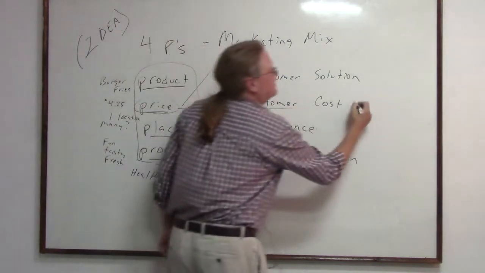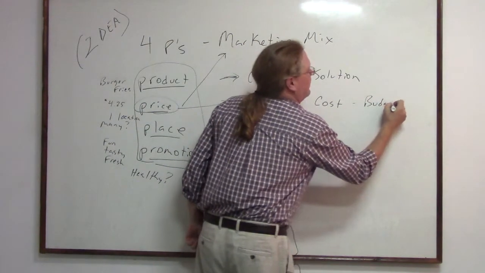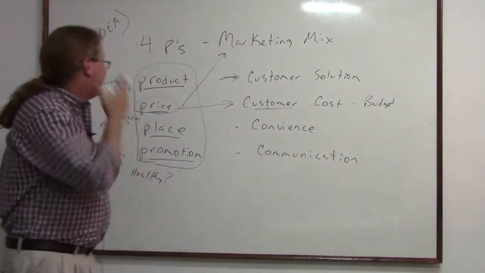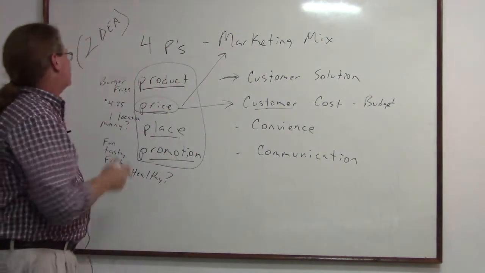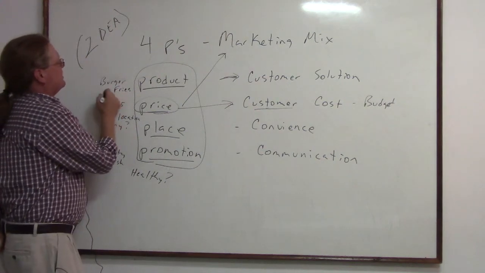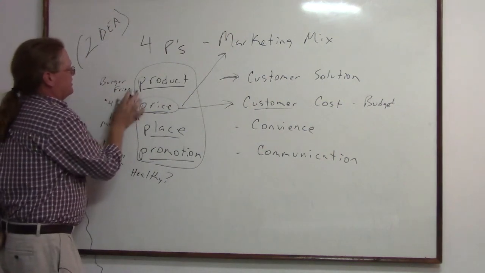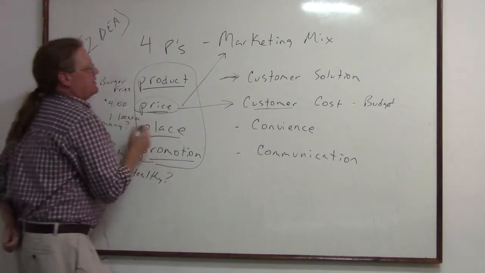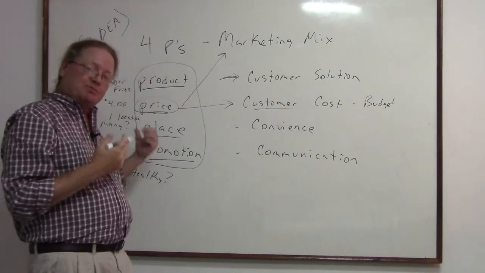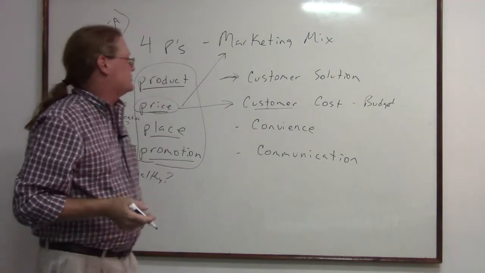You have to think about their budget, and maybe we factor in they need a drink to go along with their fries, so we might cut down on the fries and get this price down to $4, and then that way they can get a drink and the fries and the burger for $5.